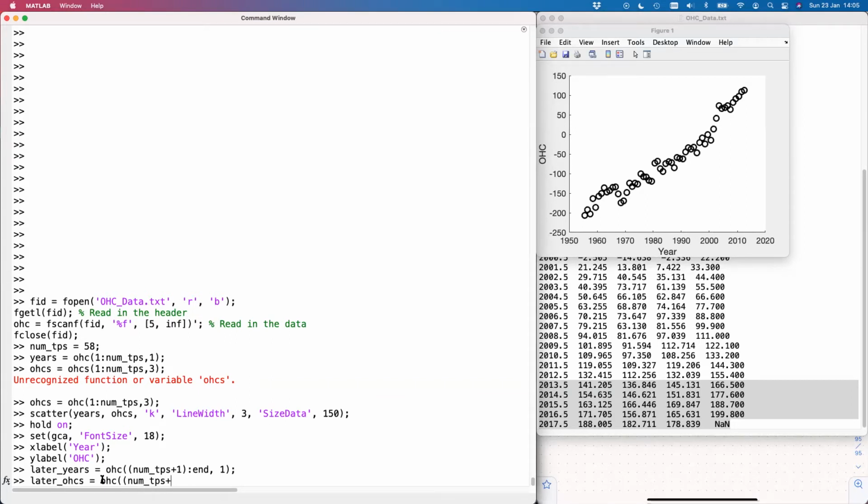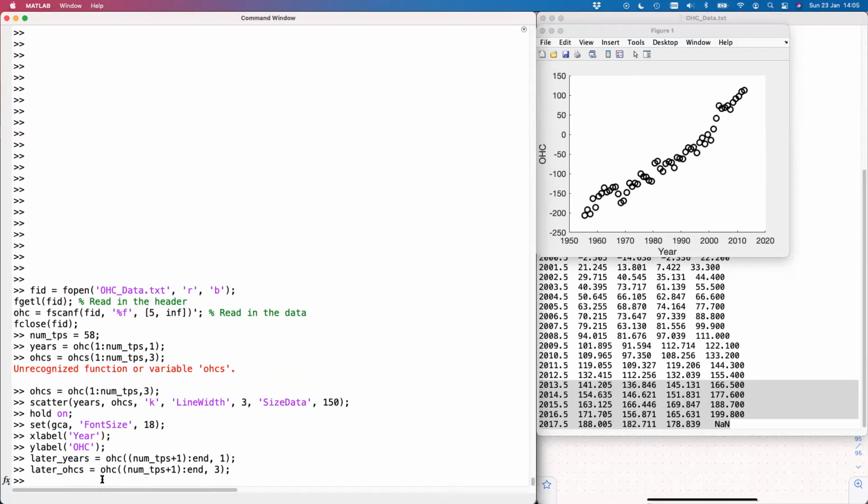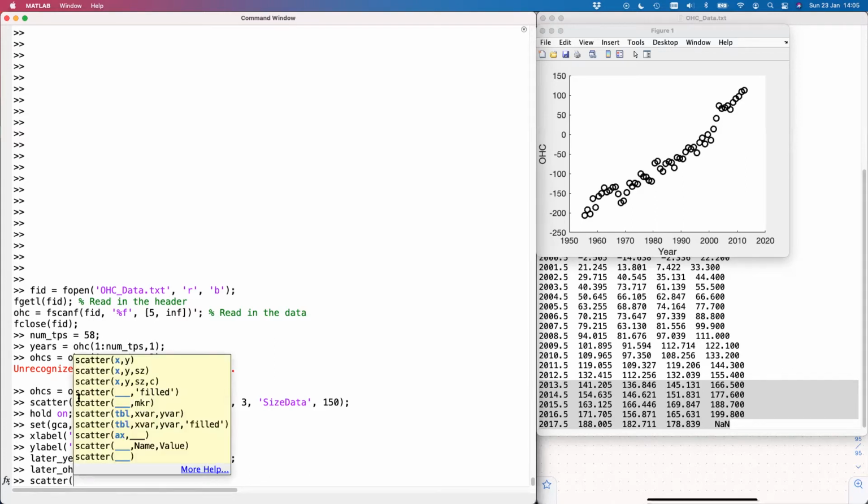In the third column. And let's just add these later OHCs to our scatter plot, but I'll do them in a different line width so that we can keep in mind the ones that we're actually fitting to and the ones that we'll use effectively as test data.